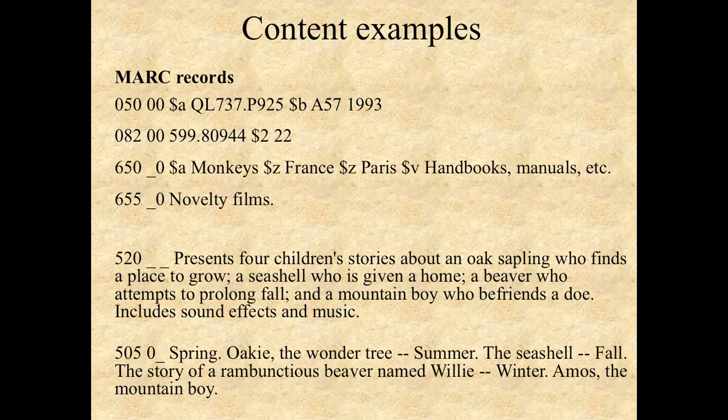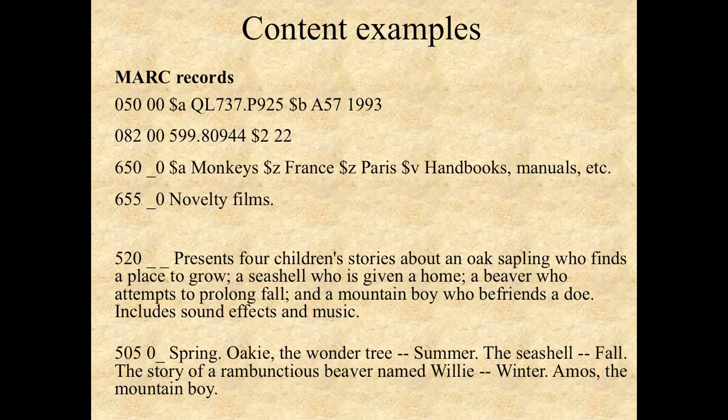So at the top we have an LC call number, we have a Dewey class number, we have a subject heading with several subdivisions, monkeys, pardon me, a handbook on monkeys in Paris, France, in case you ever need to find that. We have a genre form heading, novelty films in a 655, which is the tag number for genre and form terms.